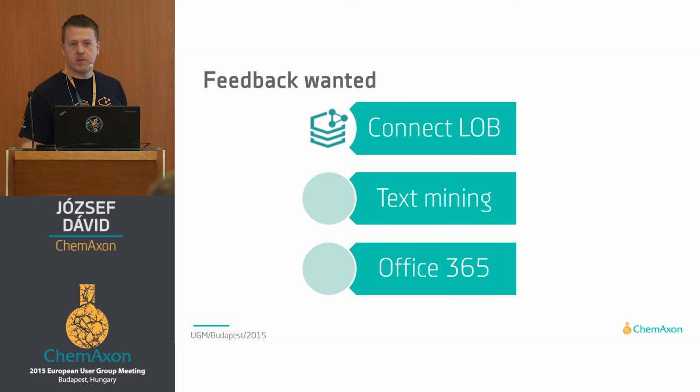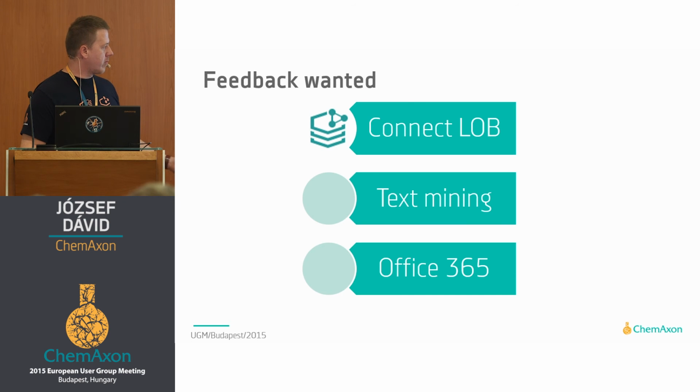And of course, your feedback is always needed. We have plans and visions, but we need to prioritize what the most important things are. So I will be really happy if you share your opinion on what you think is important. We have three main directions. First is the line of business applications, which we would like to connect more and more.